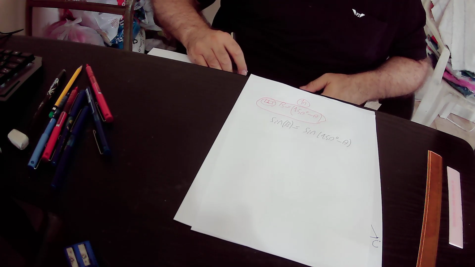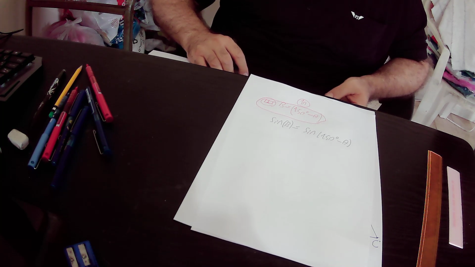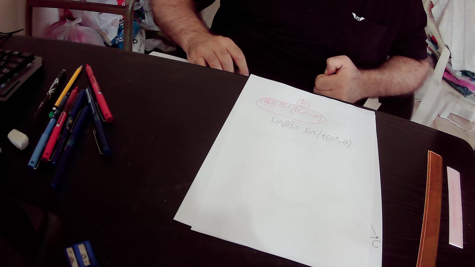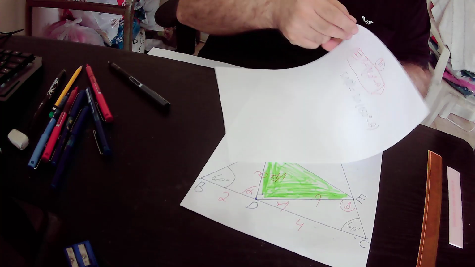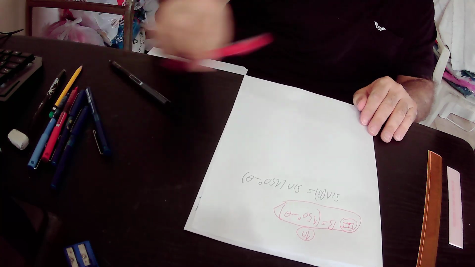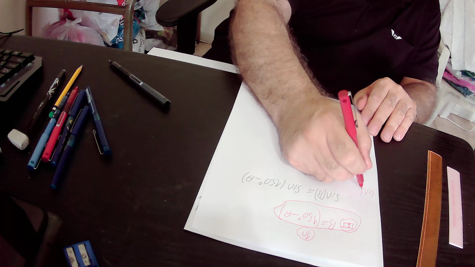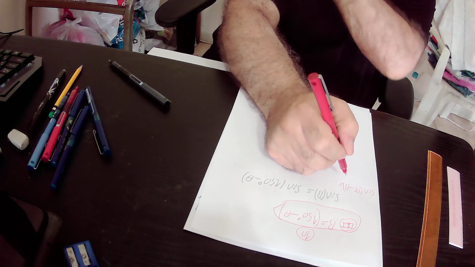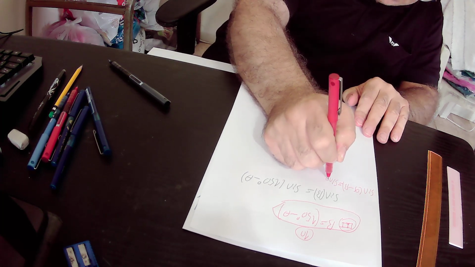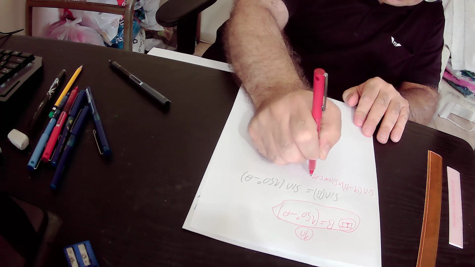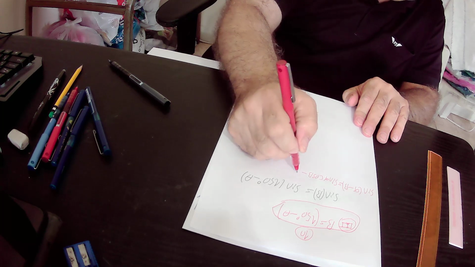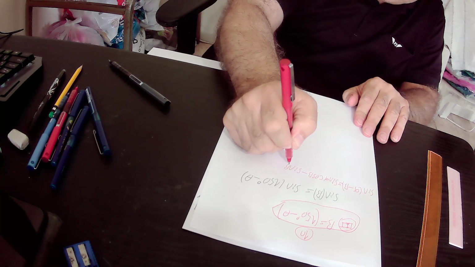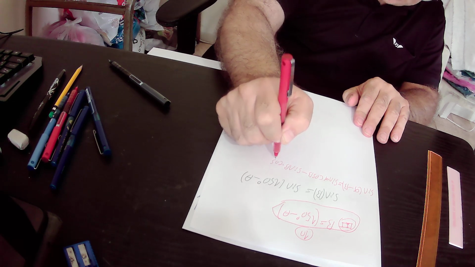In order to find out the value of sinus 150 degrees minus theta, we will use the second trigonometric identity, which states that the value of sinus alpha minus beta is actually sinus alpha times cosinus beta minus sinus beta times cosinus alpha.